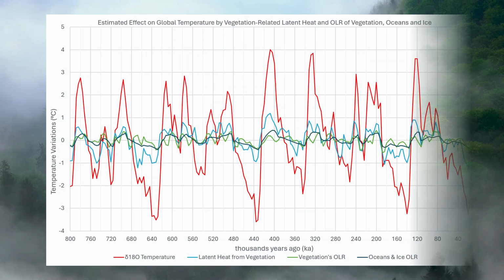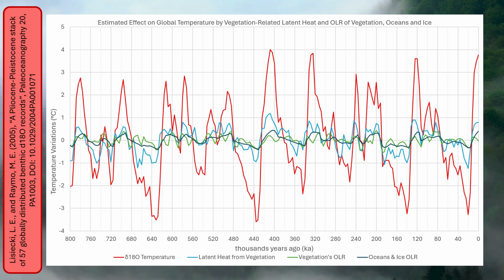First, it converts a portion of incoming solar energy into latent heat. This energy is stored in water vapor, transported through the atmosphere, and later released during condensation, often at higher altitudes or in different regions. Second, water vapor strongly influences outgoing radiation. As the dominant greenhouse gas in Earth's atmosphere, its concentration affects how efficiently the planet can radiate energy into space.